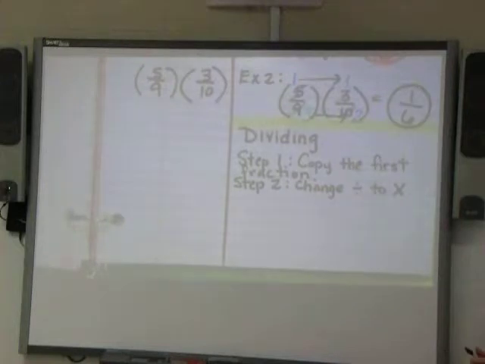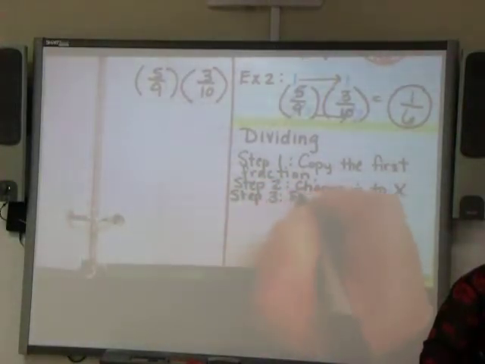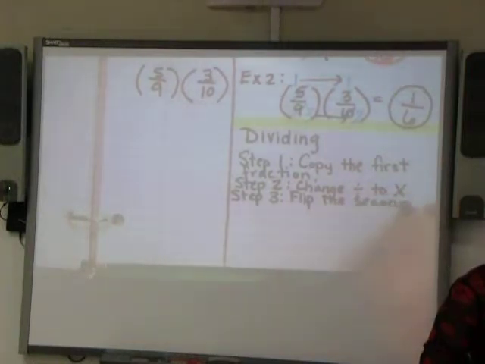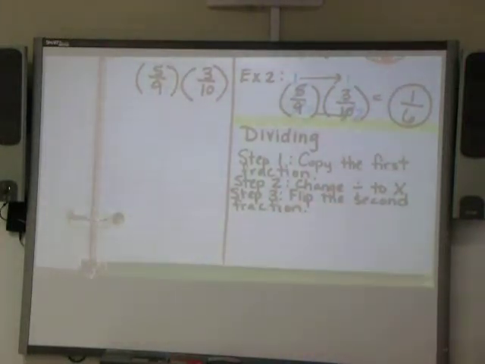Flipping a fraction is the fraction's reciprocal. So step 3 is flip the second fraction.